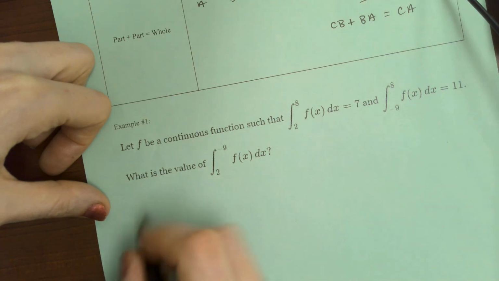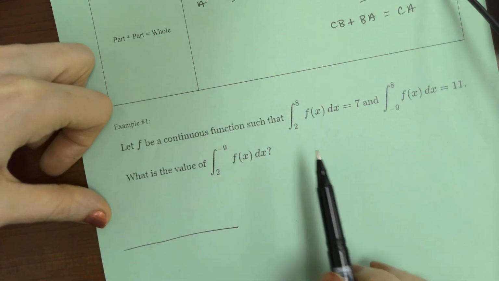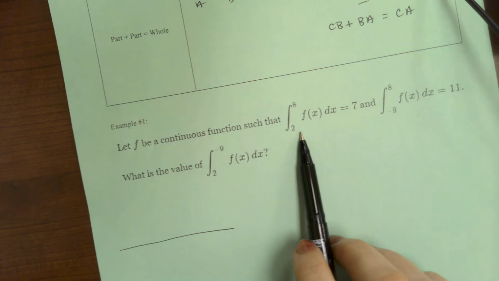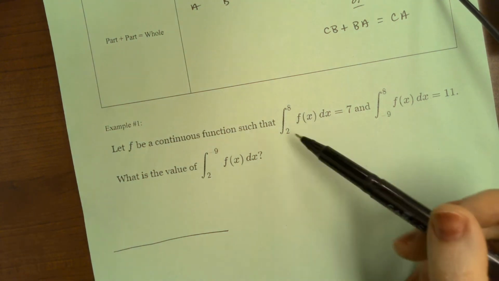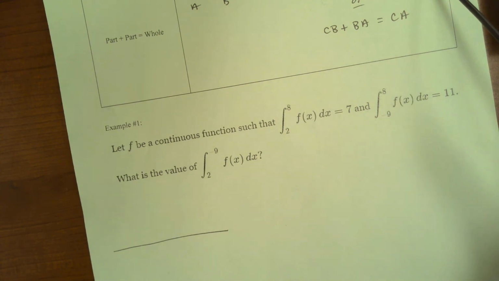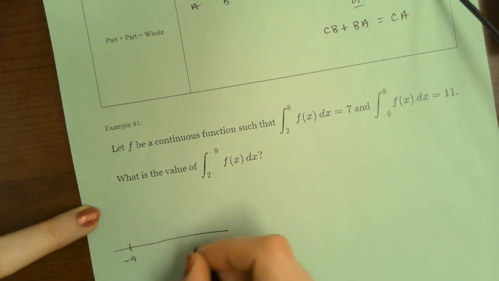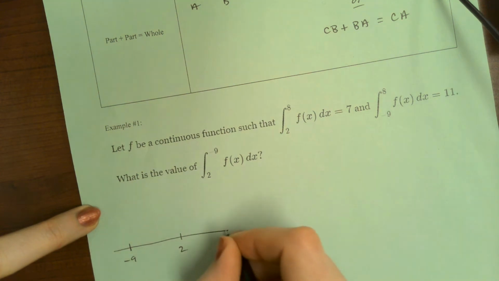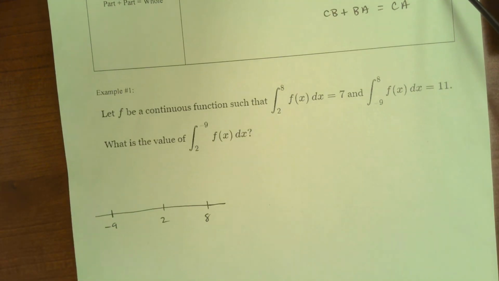So in this little diagram here, I'm going to put the endpoints of my intervals in order of where they would fall on the number line. So here we've got 2 and 8, -9 and 8, and then 2 and -9. So we're dealing with -9, 2, and 8. And that's their order on the number line.